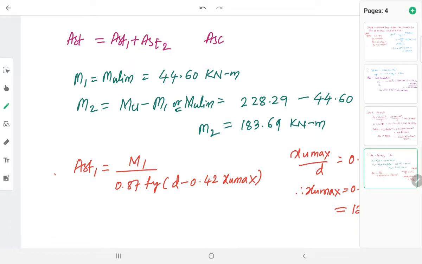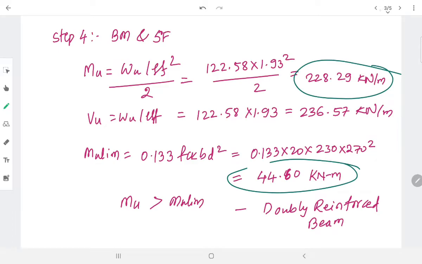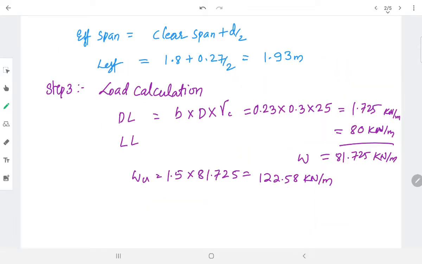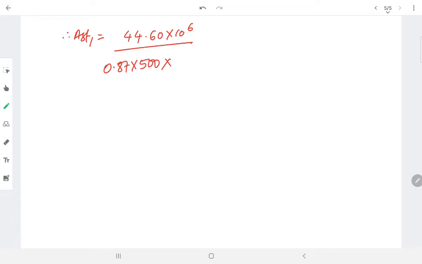So next, when you substitute these values, AST1 is equal to M1, which is 44.60 into 10 to the power of 6, divided by 0.87. Fy is 500 Newton per mm square, because the problem has given Fe 500.